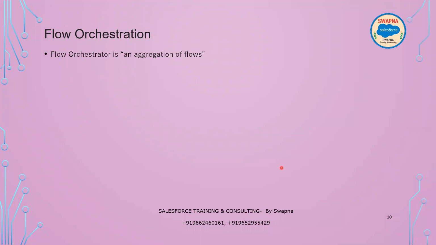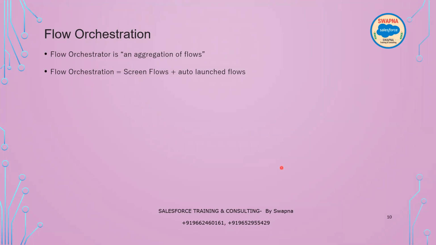So flow orchestration is nothing but an aggregation flow. Aggregation flow, it's kind of an aggregation workflow. And the flow orchestration is a combination of your screen flow and auto launch flow. That means within this flow, you can combine both the screen flows and auto launch flows.